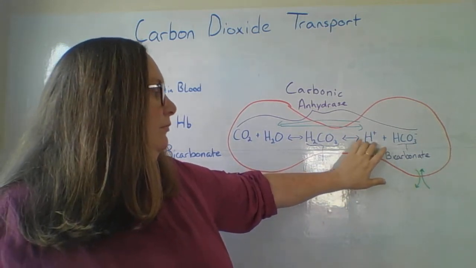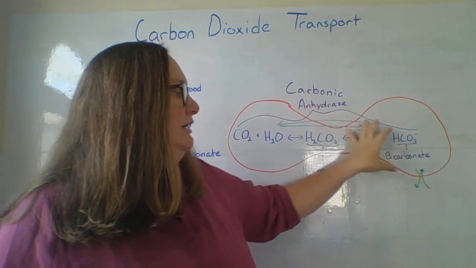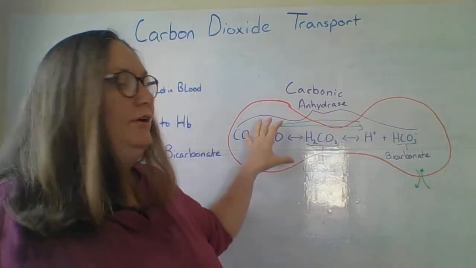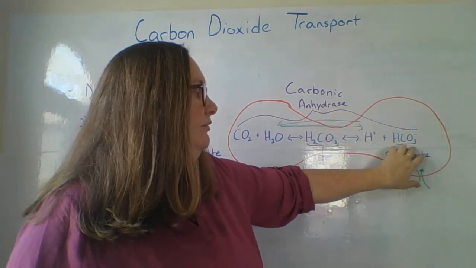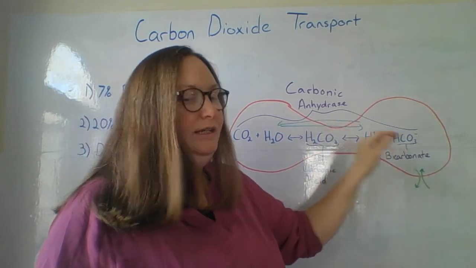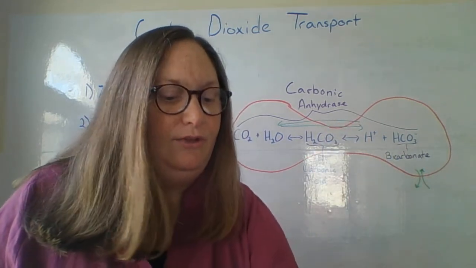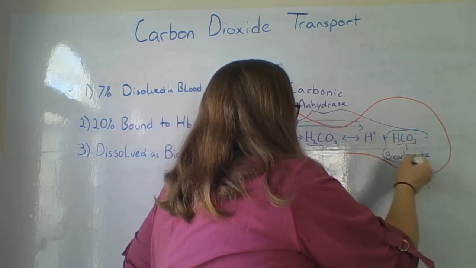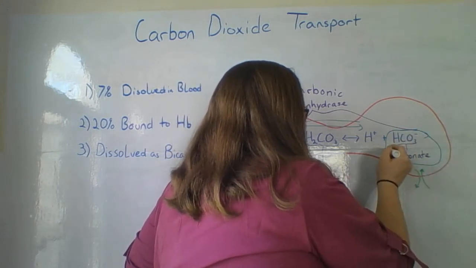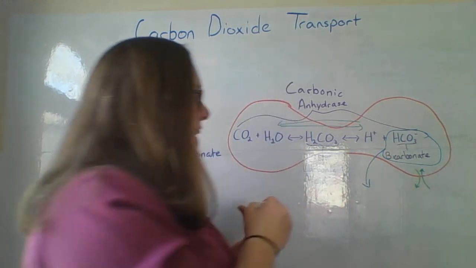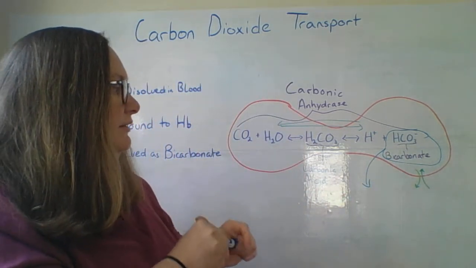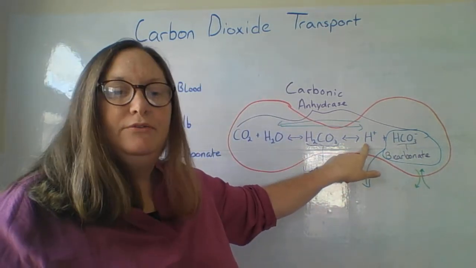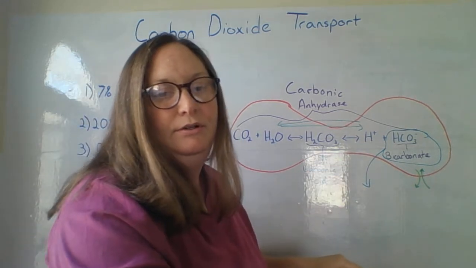So this is happening in a red blood cell. Once we get over here to bicarbonate, the bicarbonate leaves the red blood cell. It goes out into the plasma. So it is going to leave. All right. The hydrogen ion is going to bind to hemoglobin.